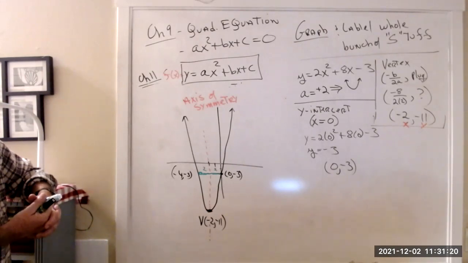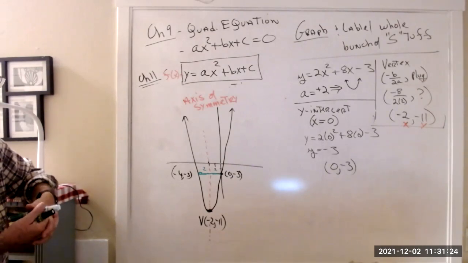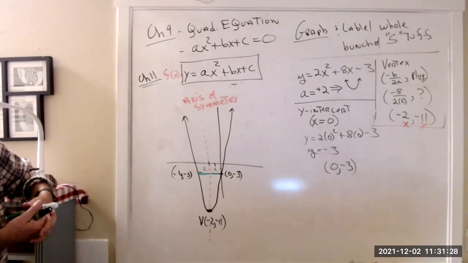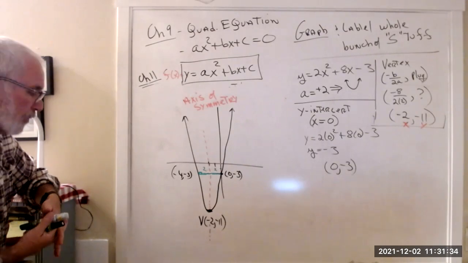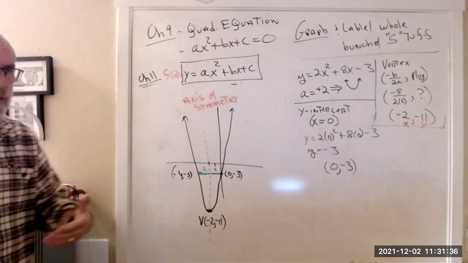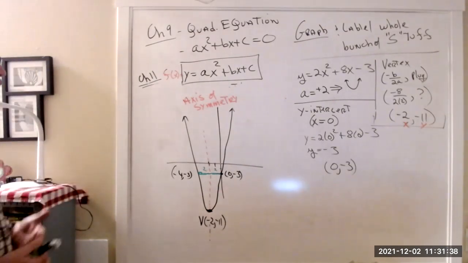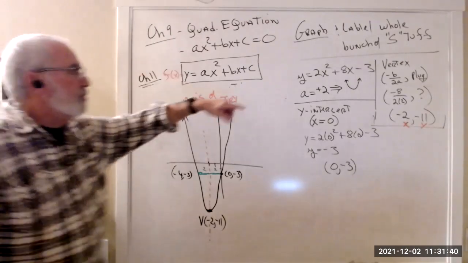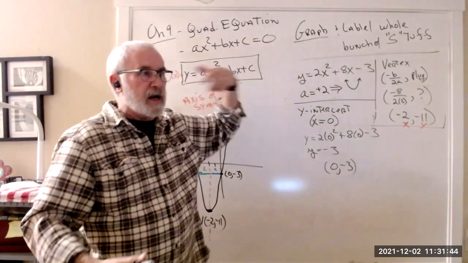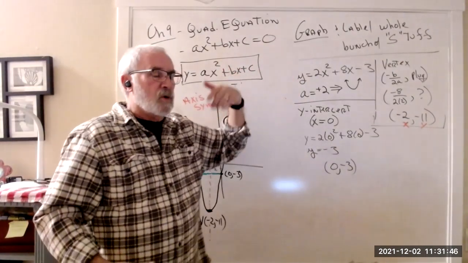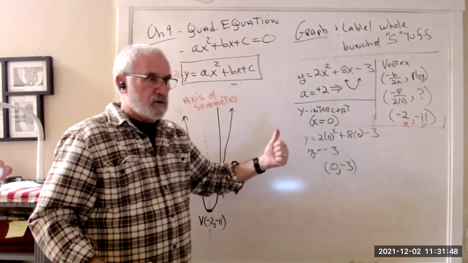Okay, let's pause and ask questions because I'm going to make it more complicated in a minute. On the homework or on the test, I'm going to give you some equation, y equals something, and I'm going to say, graph it.